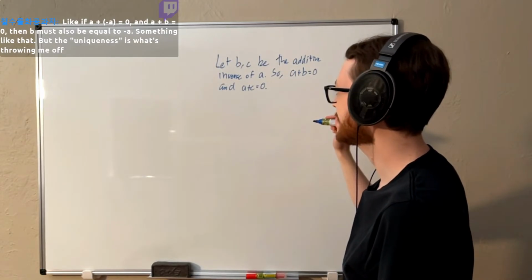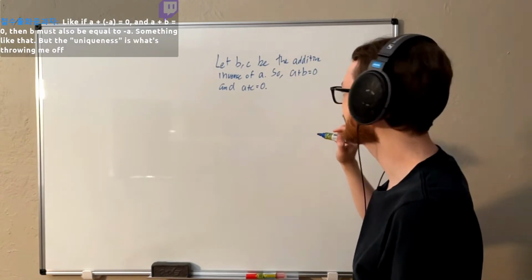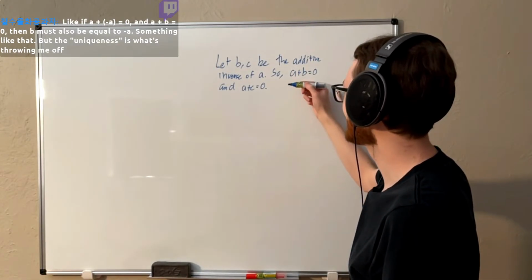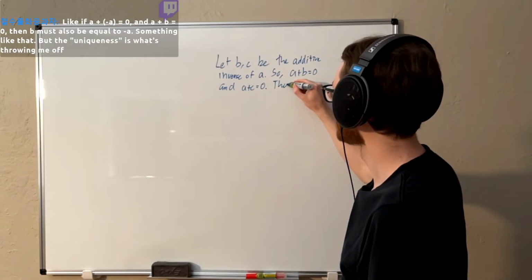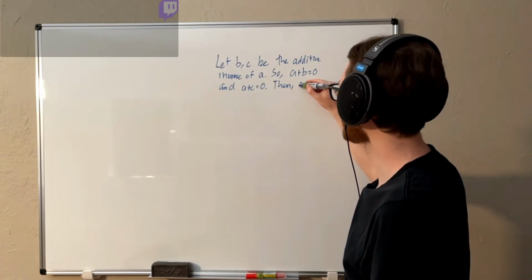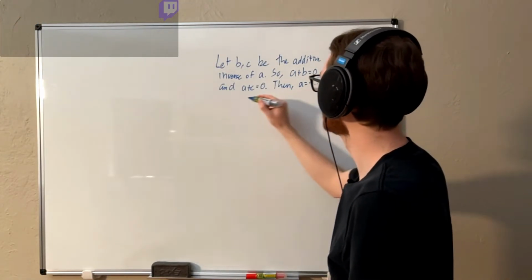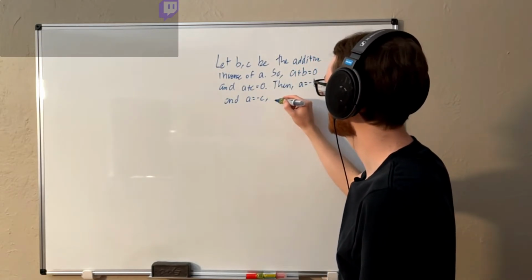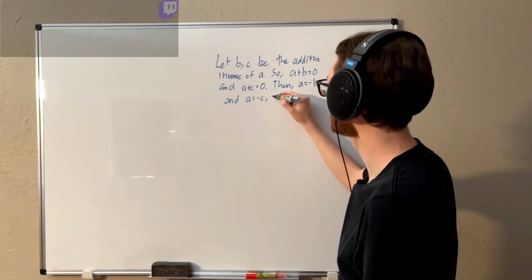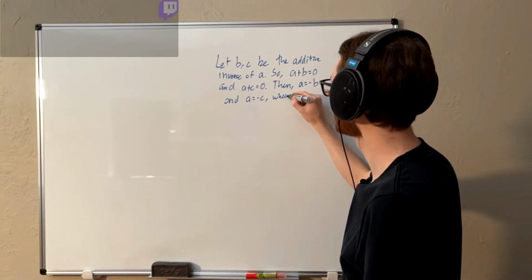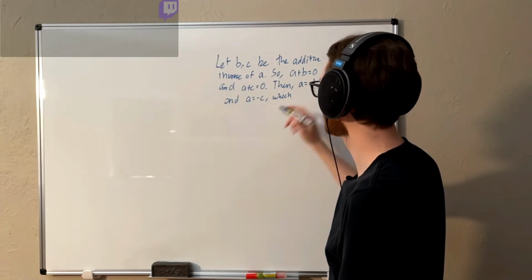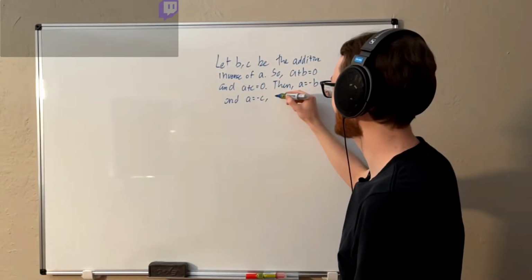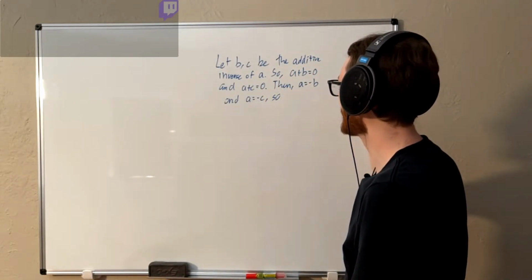If we're allowed to do algebraic manipulations here, what I want to do is basically subtract the B to the other side, A equals minus B, and A equals minus C. I'm going to say so again, because I just have a problem with hence.